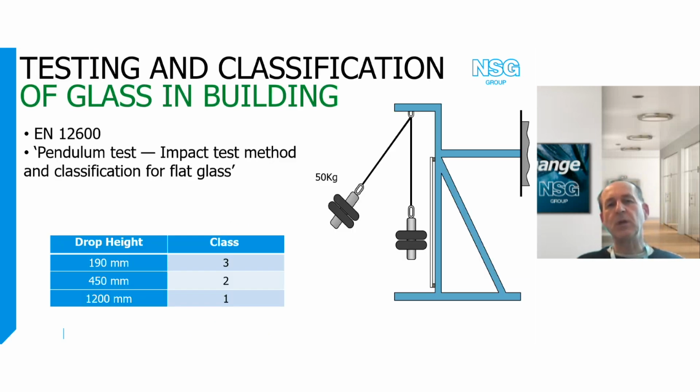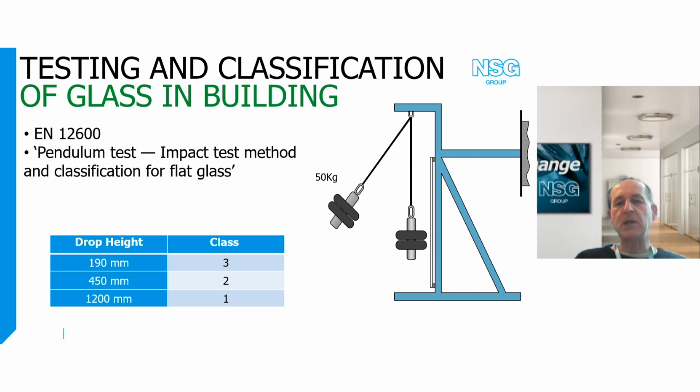EN 12600, the European standard, which has also been adopted as a British standard, that's why it's referred to as BS EN, provides a test method and means of classification of glass under impact from a person. So the intention with this test method and classification is to try to reduce cutting and piercing injuries to the person. The pendulum body impact test method involves impacting the glass with a double tire impactor weighing 50 kilos, dropped from 3 heights.